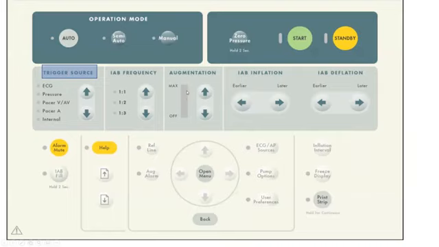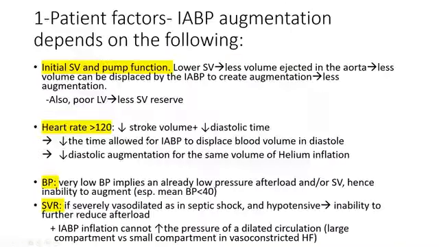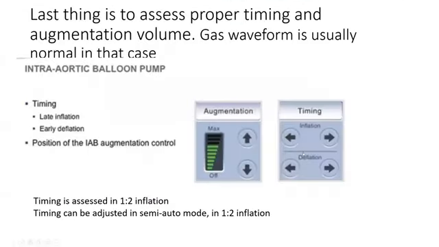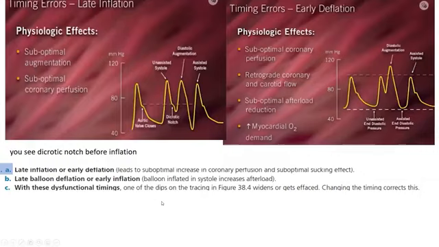So one simple cause for poor augmentation is for some reason somebody played with this and it's no longer the augmentation on maximum. So you verify it is on maximum. Another thing you verify is the waveform. As I explained, you assess the timing in 1 to 2 inflation under semi-auto mode, and you can adjust the timing. So you see in 1 to 2 mode, are you having late inflation in a way that you see the dicrotic notch, or are you having early deflation?